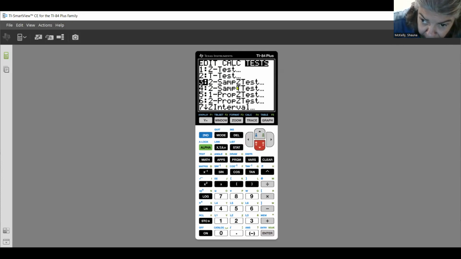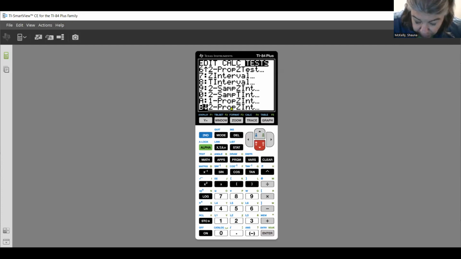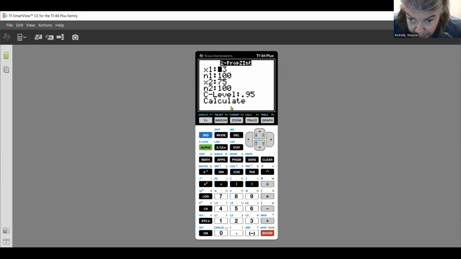Everything that ends in interval or INT is a confidence interval. We want the two proportion Z interval, because we're testing the difference between two proportions. What we want. We already have our data, and the default is usually 95, unless you've been doing confidence intervals, and sometimes there's changes. But if you do a hypothesis test, you're set up to do the confidence interval automatically. So just calculate that.